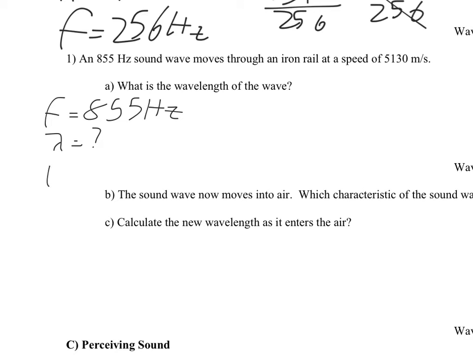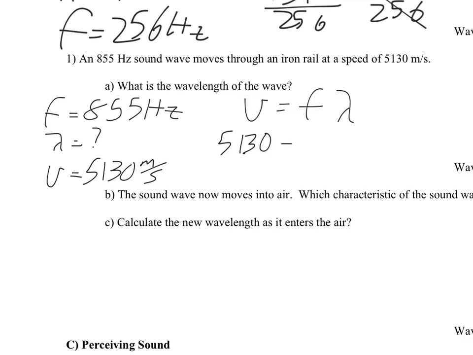Since we're going through an iron railing, it's a different number, in this case 5,130 meters per second. That number would not be on your reference table. So we start with V equals F lambda. Again, I'll just leave the units out to save some space and time. We have to divide both sides by 855, so 5,130 divided by 855 comes out to be exactly 6.